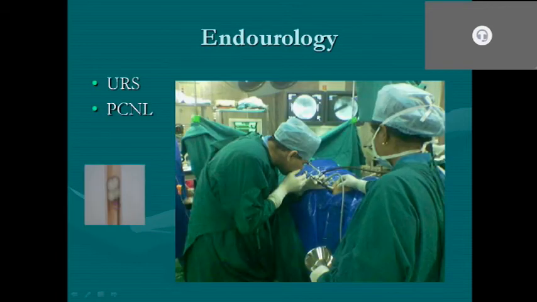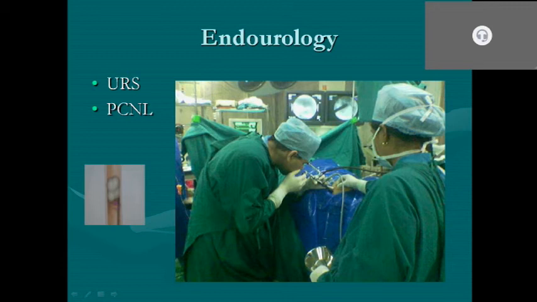So endourology most commonly consists of URS and PCNL. URS is ureterorenoscopy. A long slender scope of various sizes from 4.5 French to 8 French is used. You enter through the urethra into the ureteric orifice and into the ureter and you fragment the stone.